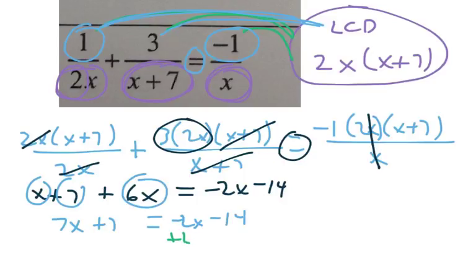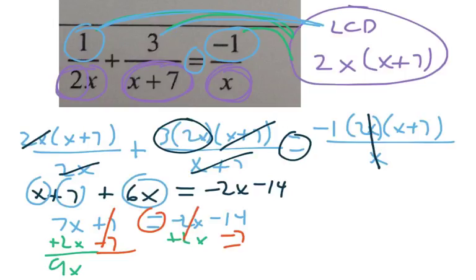I'm going to add 2x to both sides, and that'll give me 9x over here, correct? I'm also going to subtract 7 from both sides, because that'll get rid of the 7. I already got rid of the 2x. Here's my equals. Now I have negative 14 minus 7, which is negative 21 on the right side.